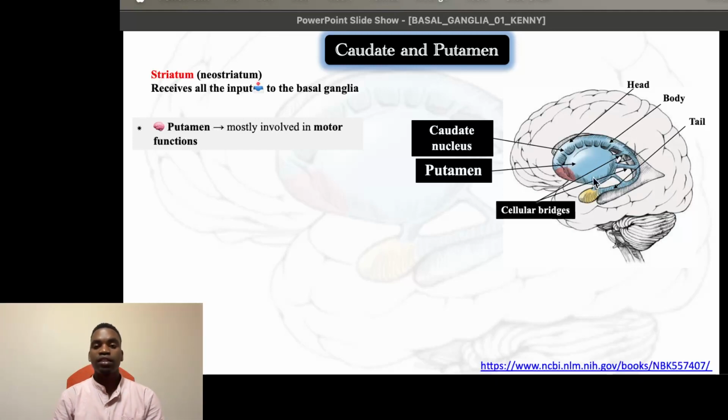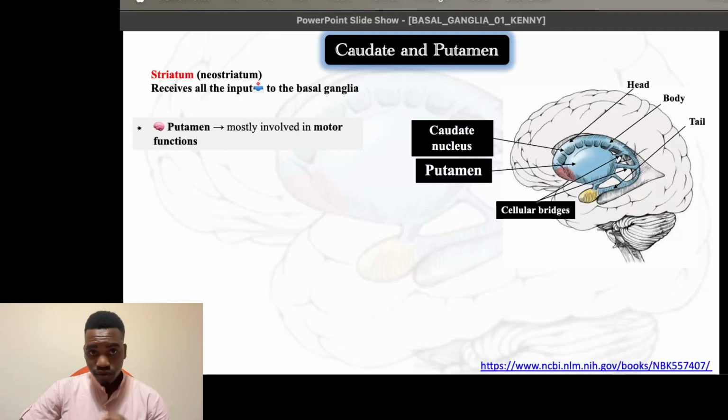And these bridges turn these two nuclei into some form of striation. And this is why these two nuclei are referred to as the striatum. The striatum, or the neostriatum, is the combination of the caudate nucleus and the putamen. Why? Because of this striation.